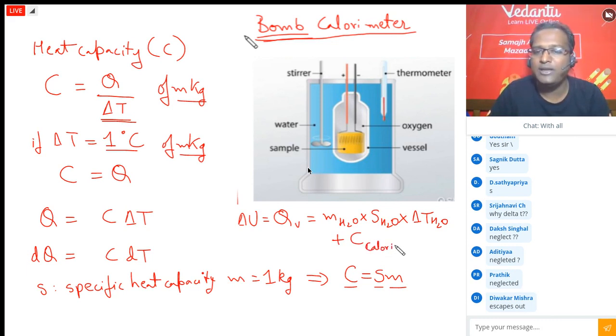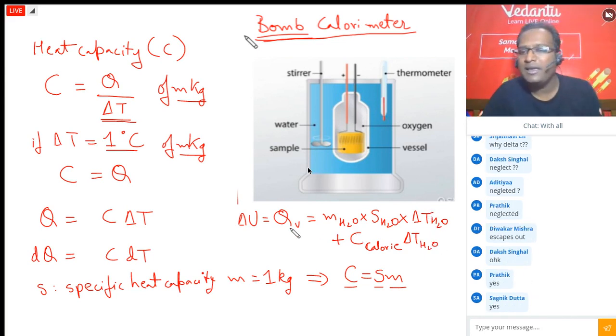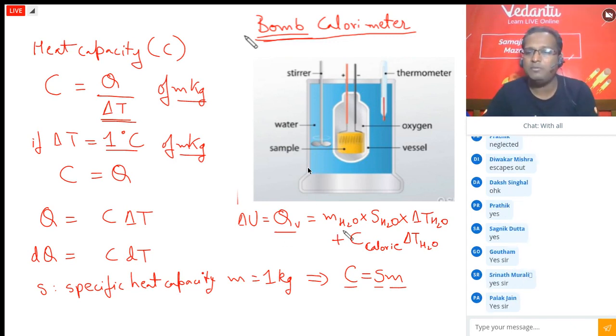I give you the heat capacity of the calorimeter, and delta T we can use of water only, because the amount of temperature rise in water would have been the same amount of temperature rise everywhere. Is it understood? Heat liberated by the reaction is absorbed by water and also by the apparatus.